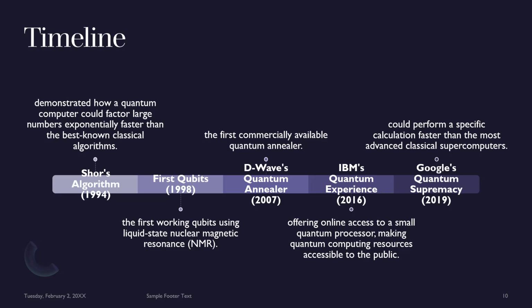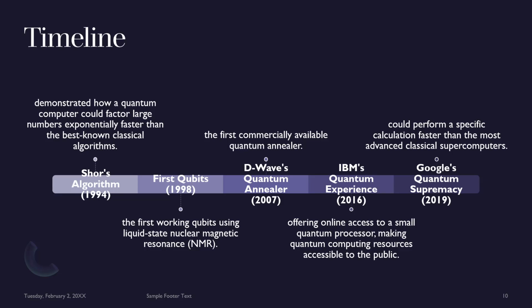And then the first working qubits using NMR were made in 1998. And then there was D-Wave, the quantum annealer, which was the first commercially available quantum annealer. In 2016, IBM's Quantum Experience offered online access to a small quantum processor, making quantum computing resources accessible to the public, which we can use through Qiskit.